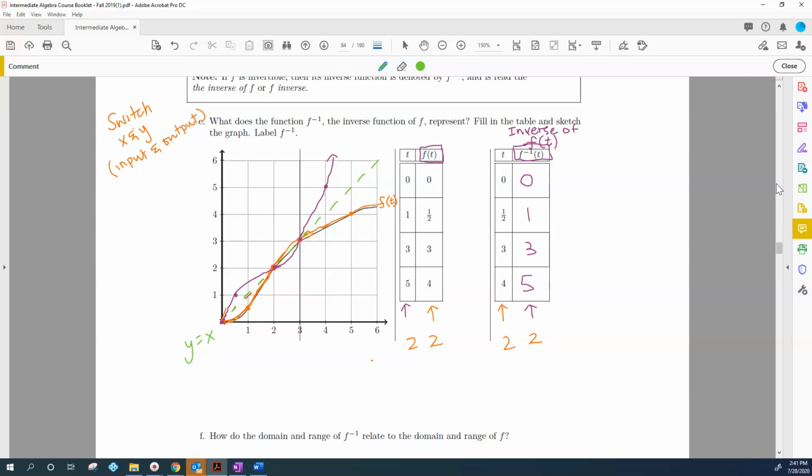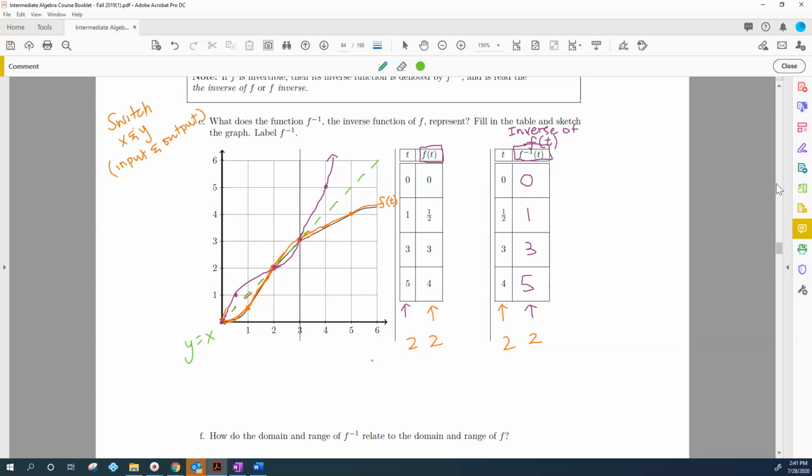Meaning, imagine if I tried to fold this graph on that dotted line, then the orange part of the graph and the purple part of the graph would land on top of each other. Okay, is what's happening there.